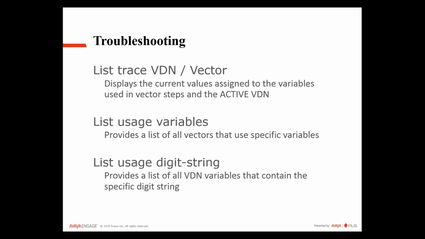So use list usage digit string and it'll include all of the VDN variables and show you where that digit string is. It's not foolproof. If you're looking for an announcement number and that announcement string is similar to what you may use in your dial plan for other VDNs, then it's going to show you those because it's just looking for a digit string. But it'll save you a lot in the end to know that that's where those VDN variables are being used.